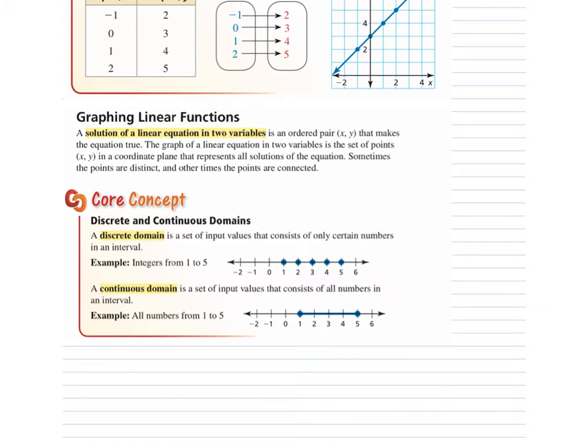Like this discrete domain, the x values are just 1, 2, 3, 4, 5, 6. With your continuous domain, it's 1 through 5. So that line would go through all of those numbers, representing everything between 1 and 5. So that means 1 and 1/2, 1 and 3/4, everything between 1 and 5.